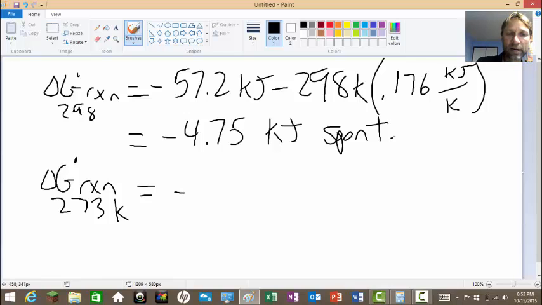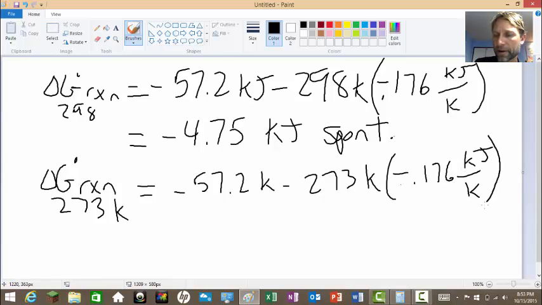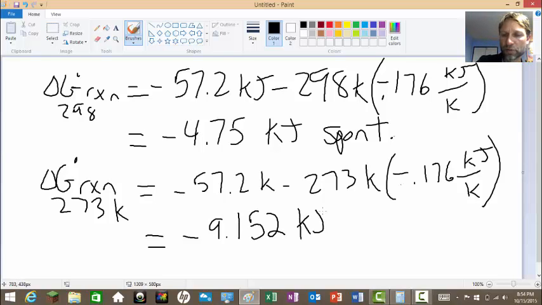So we will have minus 57.2 kilojoules minus 273 K times, sorry, this is a minus sign up here, minus 0.176 kilojoules per K, and that comes out to minus 9.152 kilojoules.